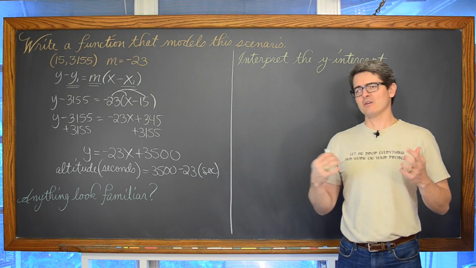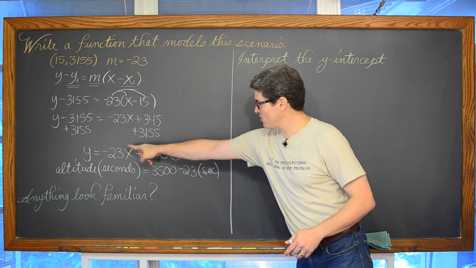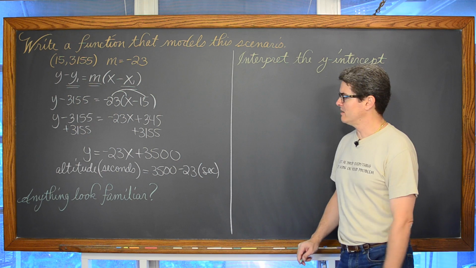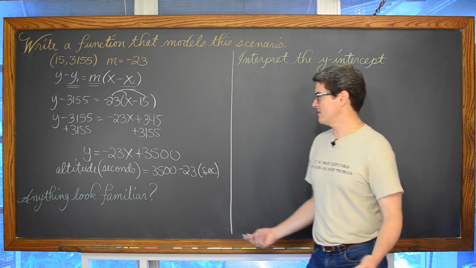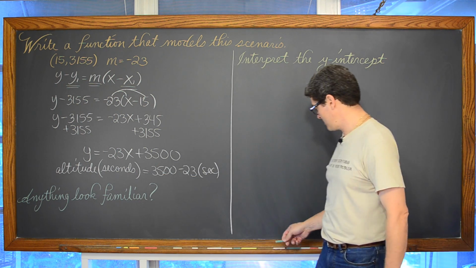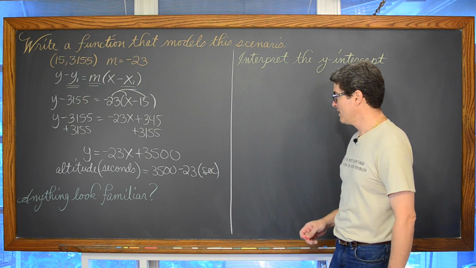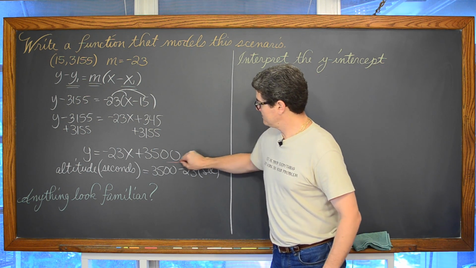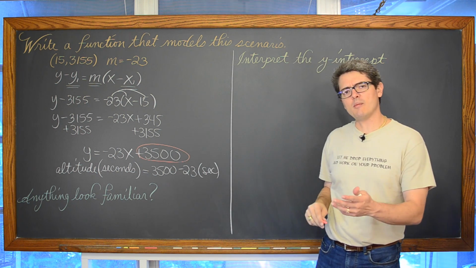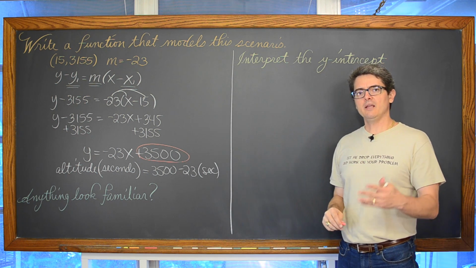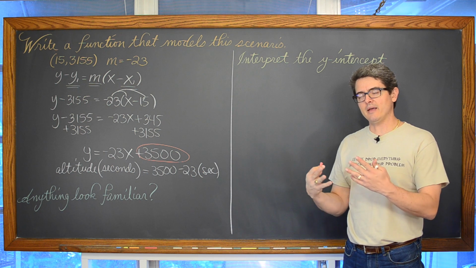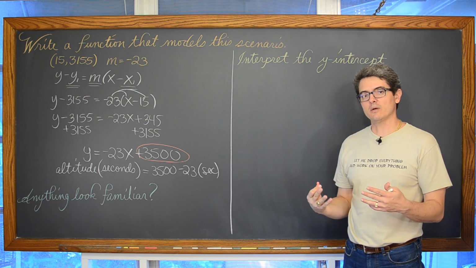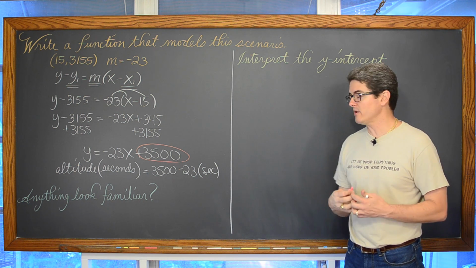Anything look familiar in this equation? The negative 23x, well, that original word problem didn't have any negative 23 anywhere other than it looks familiar because we had to calculate the slope from our 4 points that were in the table of values. But didn't the original problem say something about she jumped from a plane at an altitude of 3,500 feet and then immediately deployed her chute?